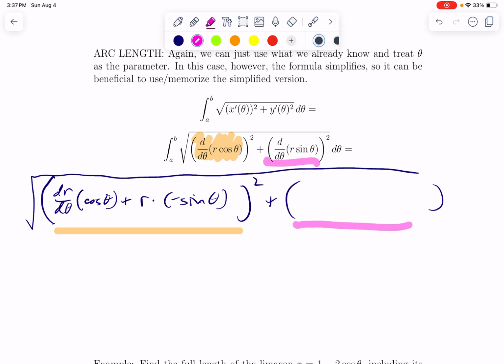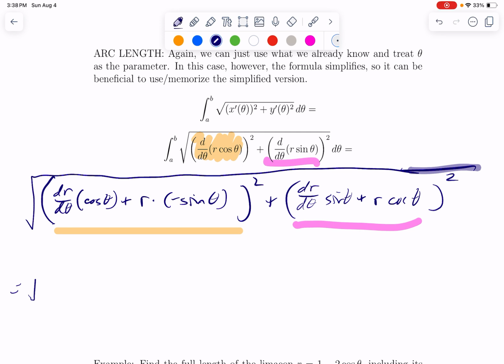Now, we'll ask ourselves, what's this derivative? So derivative of the first times the second plus the first times the derivative of the second. Now, let me FOIL this out.